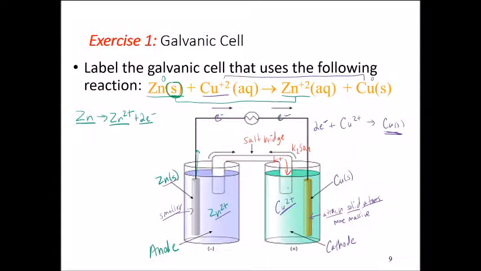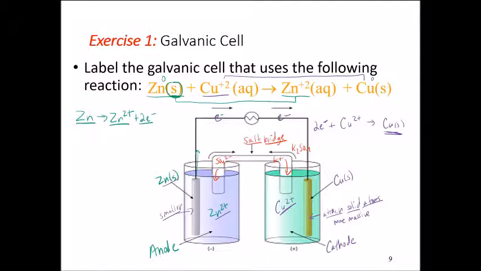Cations go towards the cathode. The sulfate ions would travel towards the anode, and anions go towards the anode. So we would definitely want to make sure that we insert the salt bridge into our galvanic cell here, our electrochemical cell. Just to recall and go through the questions to make sure that we are looking here.